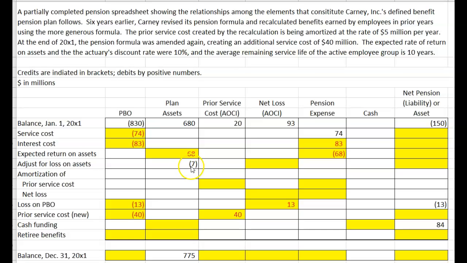The $7 million credit to plan assets was already recorded in this column. We need to show that loss as an increase to the net loss captured in AOCI. So credit in the plan assets column of $7 million and a debit of $7 million in the net loss AOCI column.